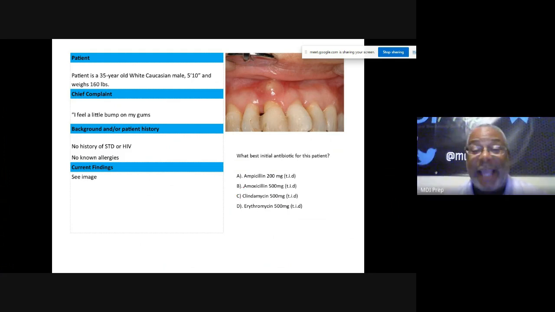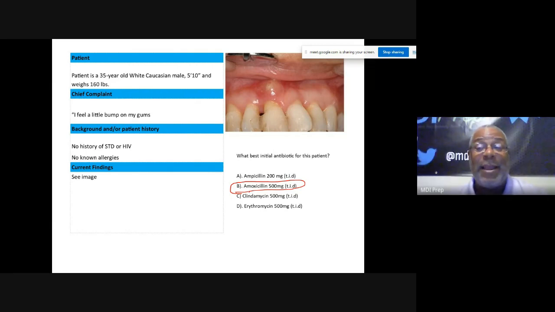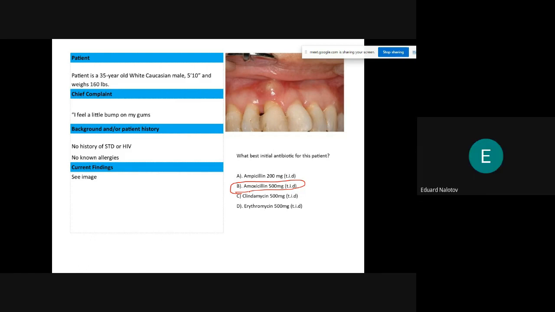The answer to this question is amoxicillin. Now, what's the major difference between amoxicillin and ampicillin? Dosage, and I think ampicillin is IV.